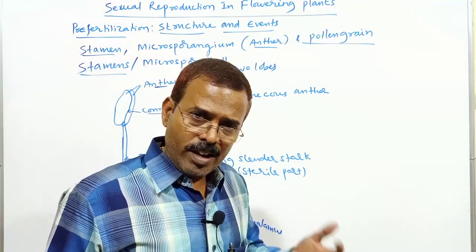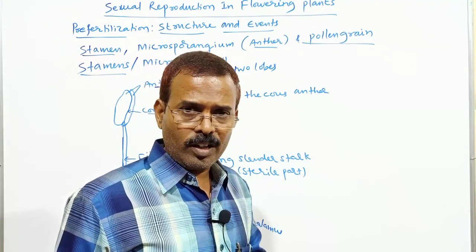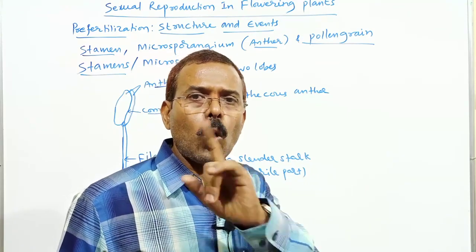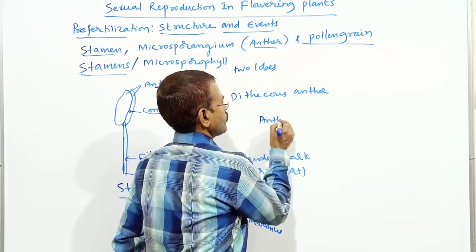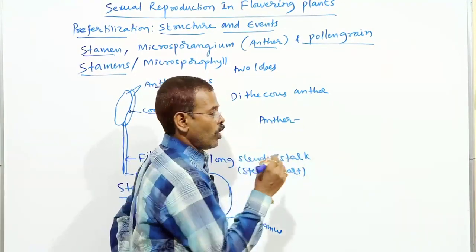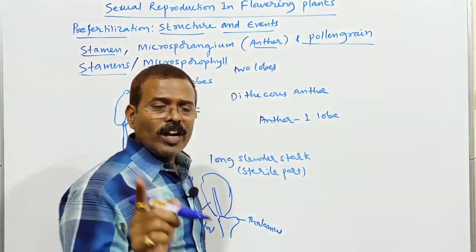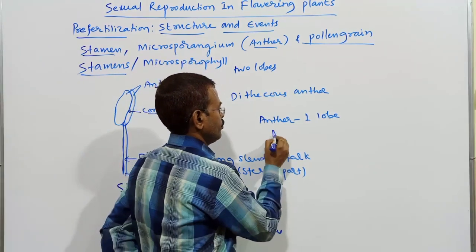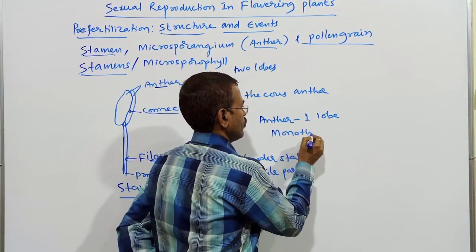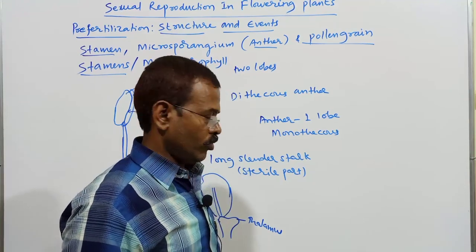In some cases, the stamen containing the anther has only one anther lobe. When only one lobe is there, it is called monothecous.